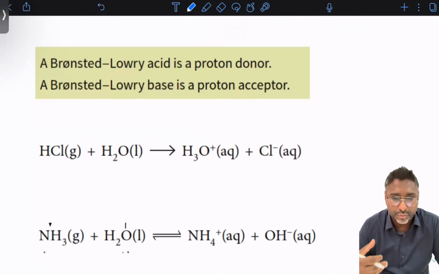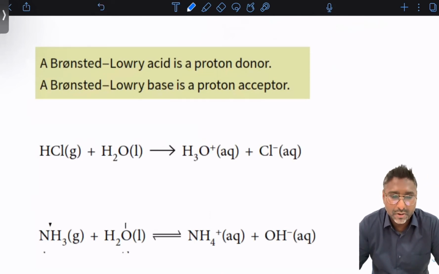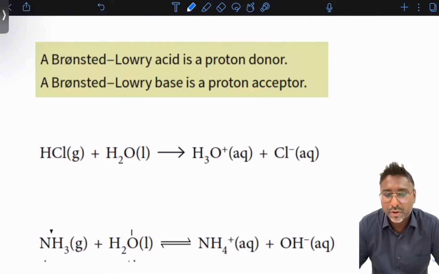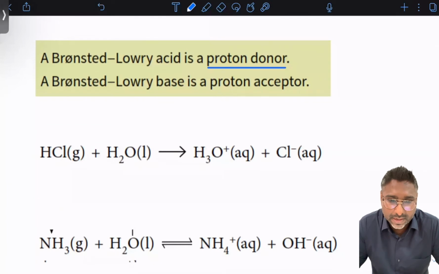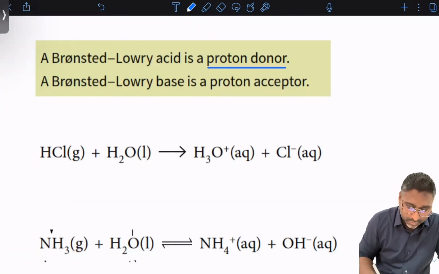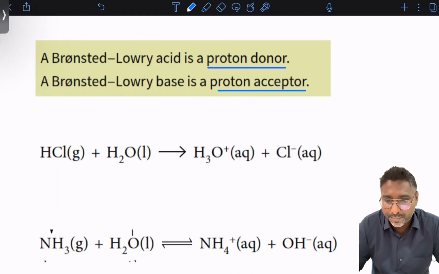Anything that can donate a proton, we consider as a Bronsted-Lowry acid. And a Bronsted-Lowry base is a proton acceptor. Anything that can accept a proton, we can put as a Bronsted-Lowry base.